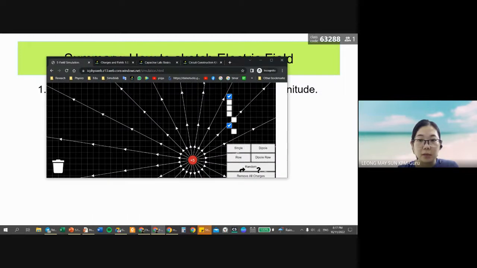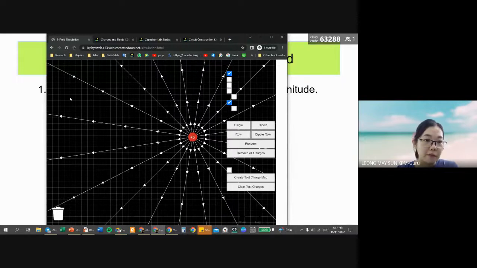So if you look into this simulation, when it's further away at this region, the electric field lines are further away from each other, meaning that in this region, the electric field or the force is weaker.